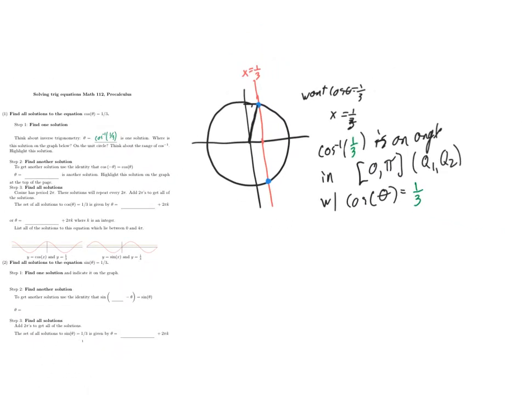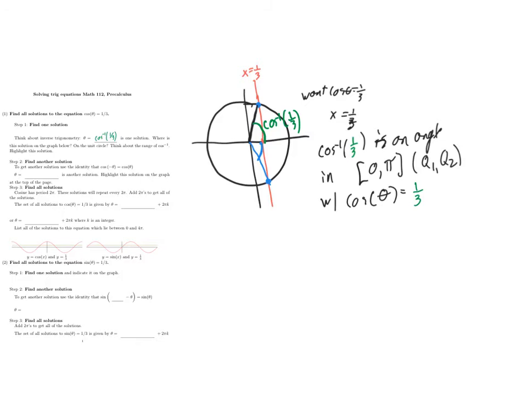Well, it looks like there's another solution that I see even in this picture. I see this solution. So, this one is cosine inverse of 1 over 3. How do you find this second angle? Well, how does that second angle differ from the first angle?